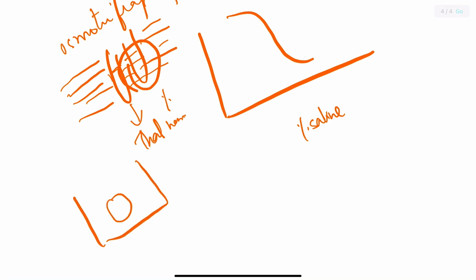For water to come inside and the cell to swell and then eventually burst and lyse, what is the concentration? It's like fresh water versus seawater drowning. So if you need more dilution of the saline for it to lyse, it means your osmotic fragility has reduced. There is a leftward curve, right?